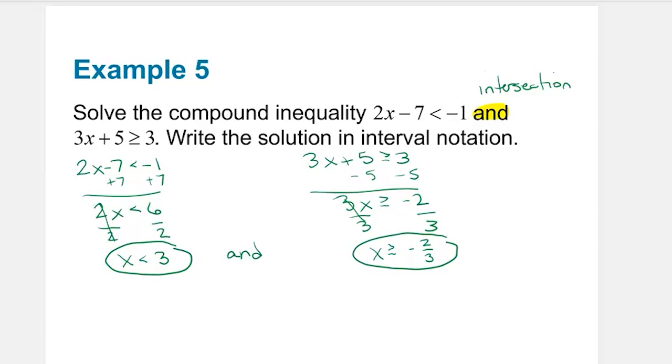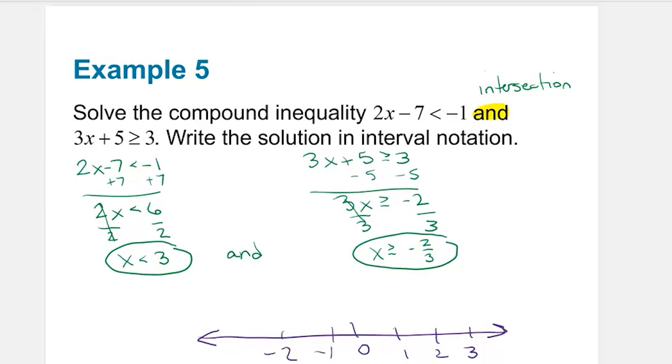And the first thing I want to do, the easiest way to solve this, is to put it on a number line to begin with. So I'm going to start here. Let's say this is 0, 1, 2, 3, and I'll go negative 1 and negative 2.